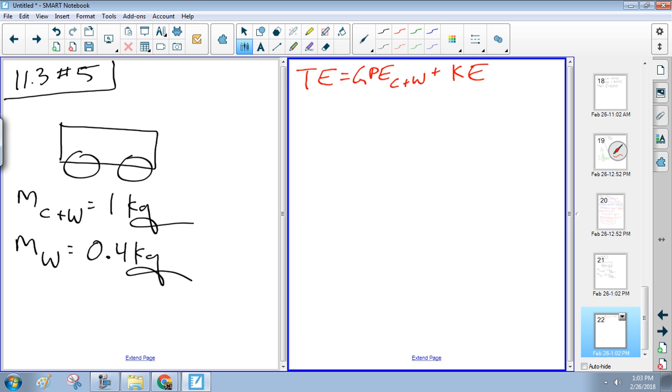If it's moving, what's got kinetic energy? The cart and the wheels. They're all moving together, so I'm going to have kinetic energy for the cart and the wheels. And there's rotational kinetic energy, but just the wheels have the rotational kinetic energy, because just the wheels are spinning.